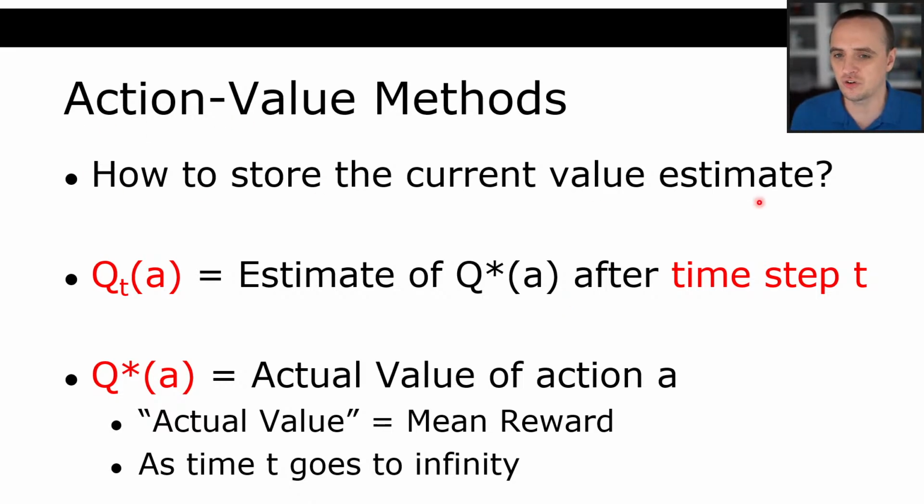How we are storing our current estimates is that there's going to be some number of time steps, meaning maybe t represents how many times we've pulled the levers. And our estimate after that many pulls of a given action is going to be the estimate of the true value, which is the thing we're trying to figure out. All we can ever do is estimate unless someone hands us the source code to the slot machine, which they're probably not going to do.